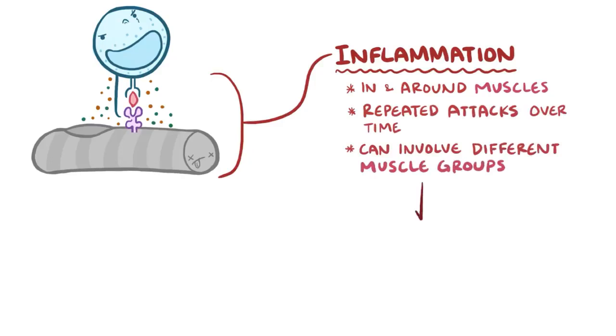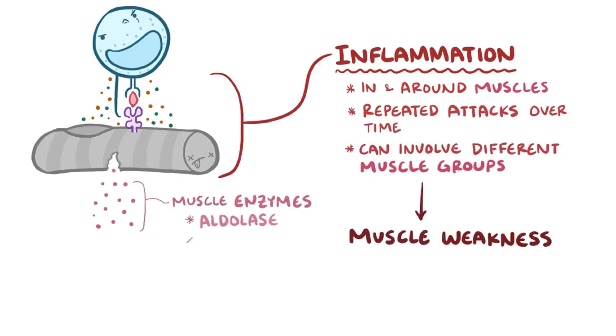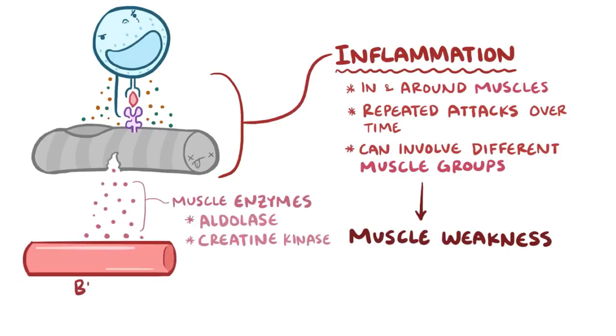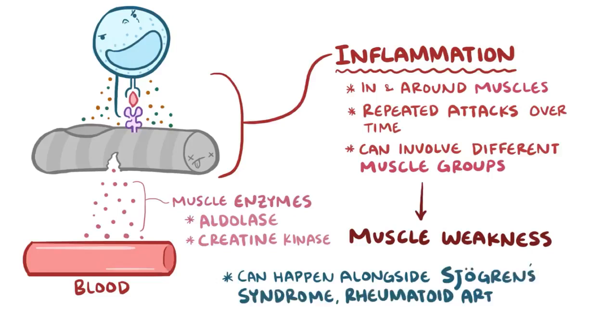The destruction of muscle cells can lead to muscle weakness, and can cause muscle enzymes like aldolase and creatine kinase to spill into the blood. Because it's an autoimmune process, it's also possible for polymyositis to happen alongside other autoimmune connective tissue diseases, including Sjogren's syndrome, rheumatoid arthritis, or scleroderma.